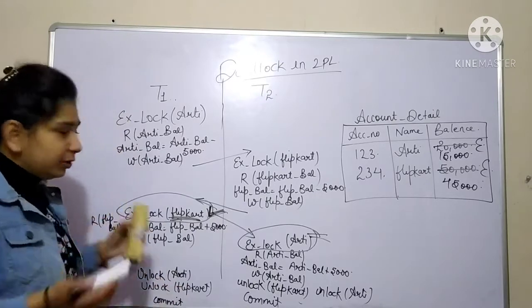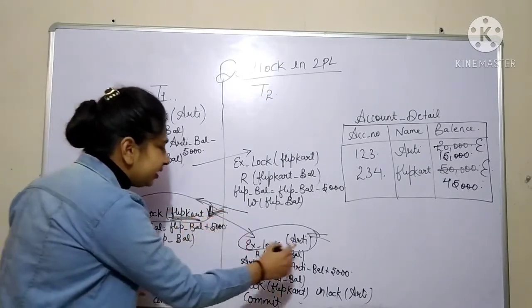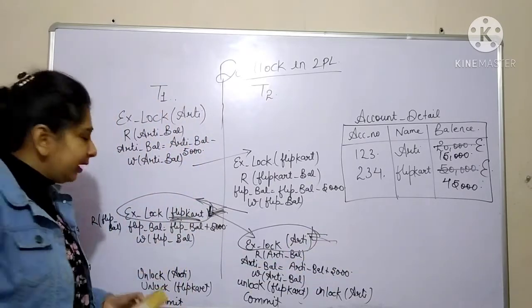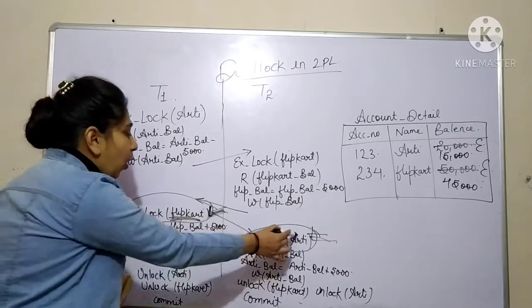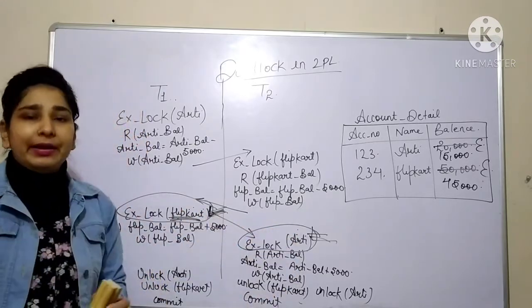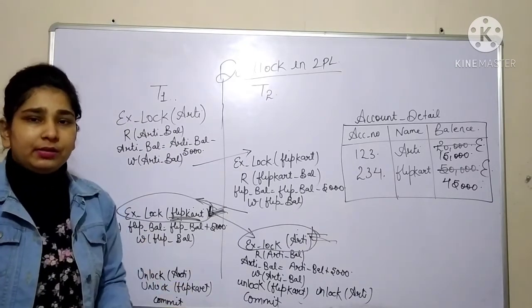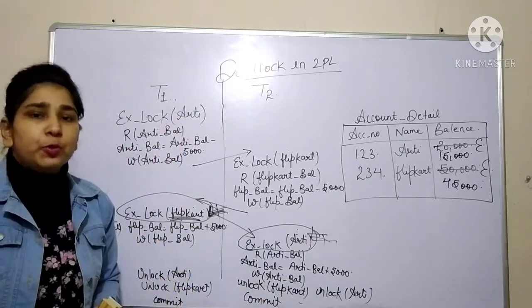So you are stuck at these two instructions. You are not able to move ahead unless you acquire locks on these database items, and your CPU is going to be wasted. So this is basically a deadlock situation.